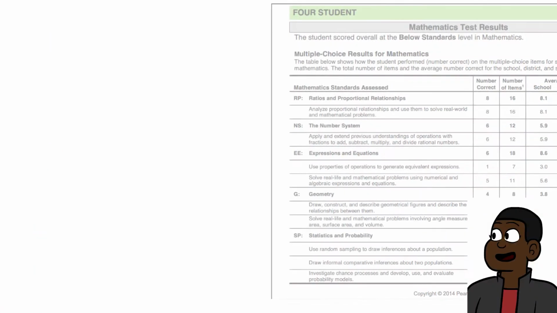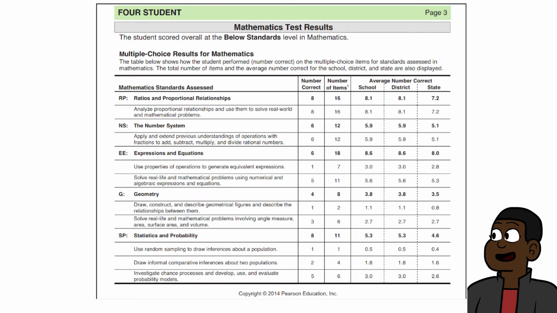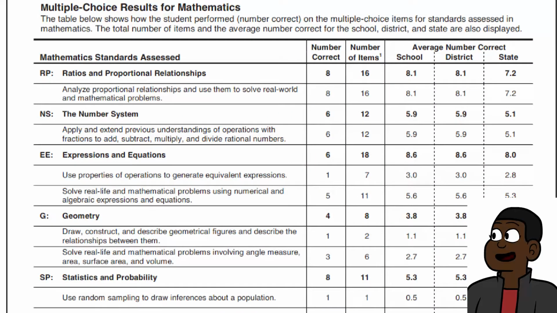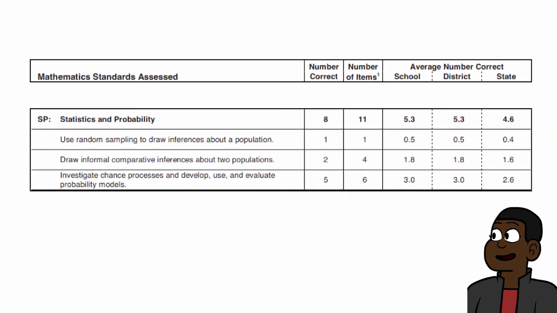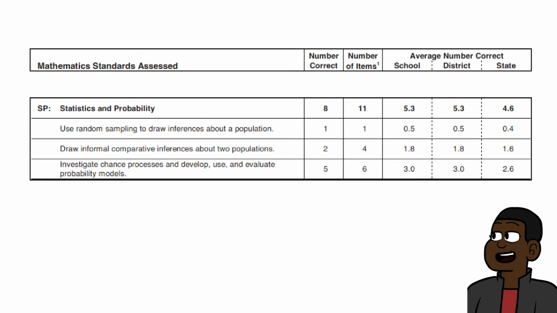Sure. Another way to understand how your child is doing for a particular domain is to compare his number correct score to the average number correct score for some reference group, such as other students in the school, district, or state. Okay. Let's look at how he did, relatively speaking, for the domain statistics and probability.